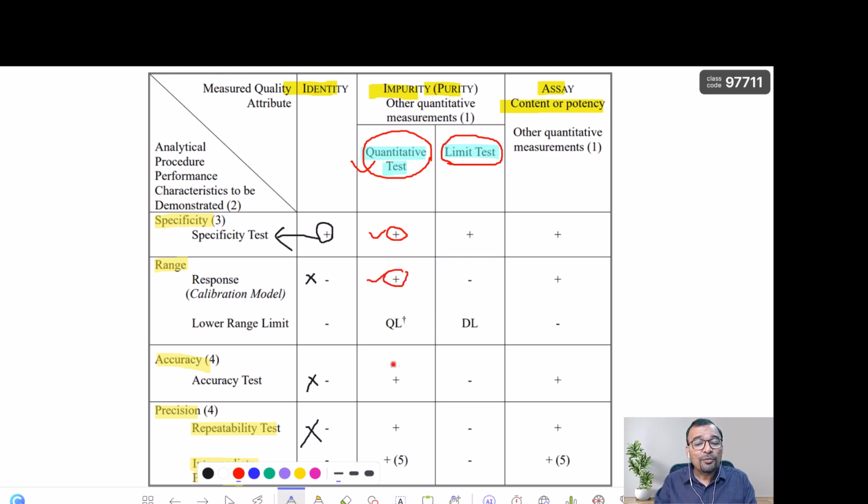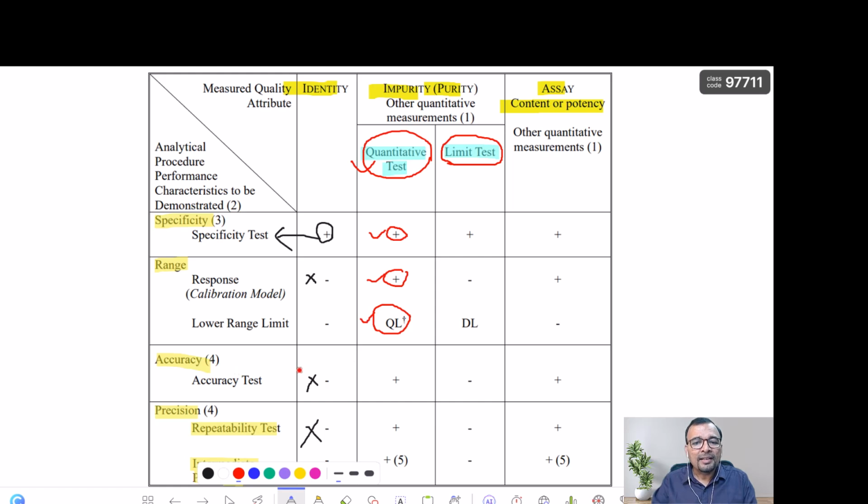You also may have to perform the quantitation limit. Quantitation limit means what? What is the lowest concentration that can be measured with adequate precision and accuracy. That is the quantitation limit. So especially in case of impurities, you have to also define the quantitation limit, isn't it?